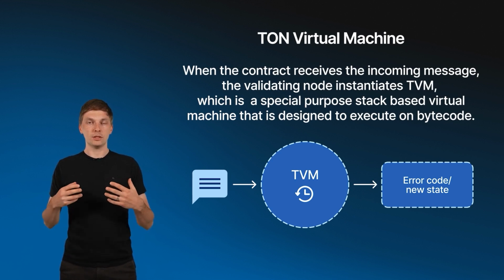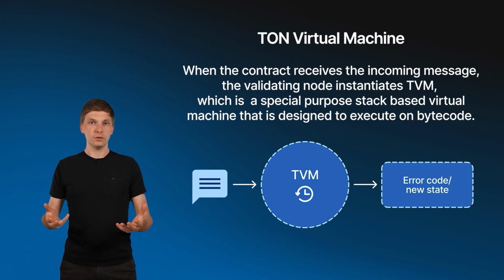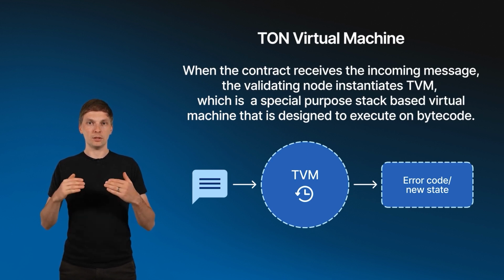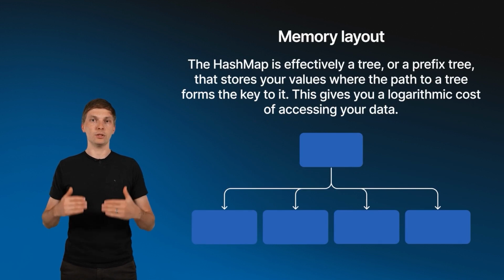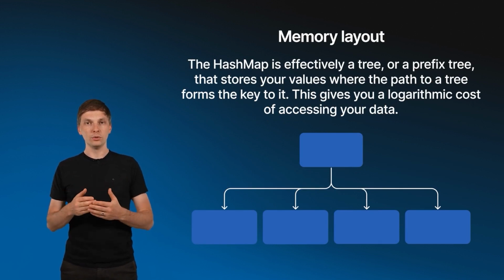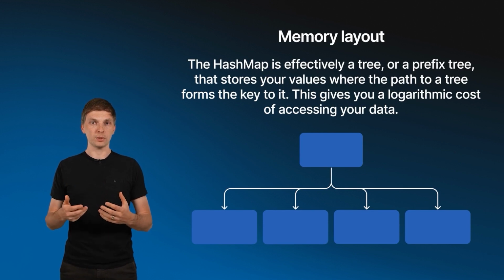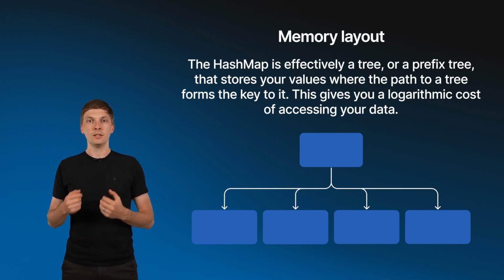Turns out it's not very trivial to do because the cells are very compact and they form a tree. To help developers with this, TON comes at the level of TVM and also at the level of Fift, the higher level language, with tools that help you work with hash maps in a more effective manner, and they use cells as the underlying implementation.